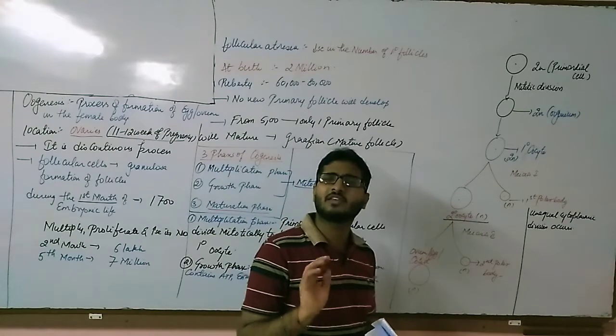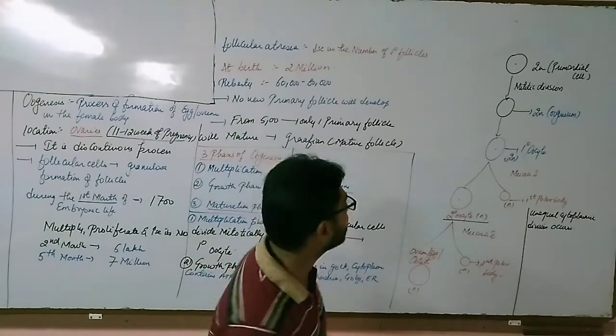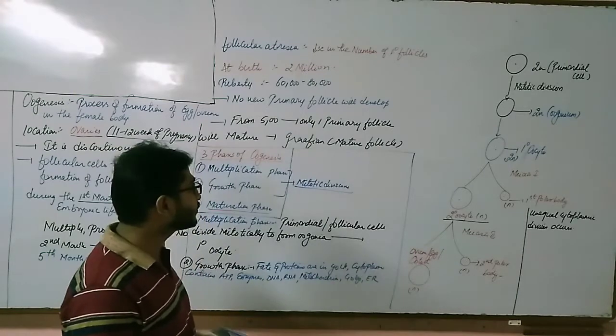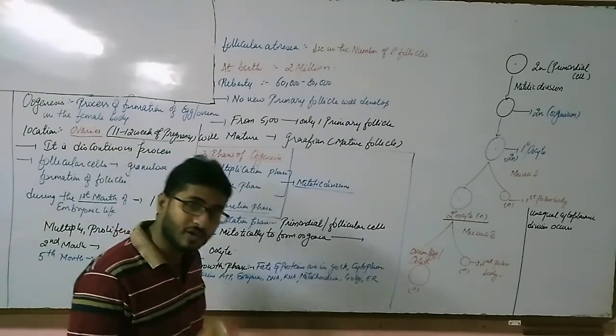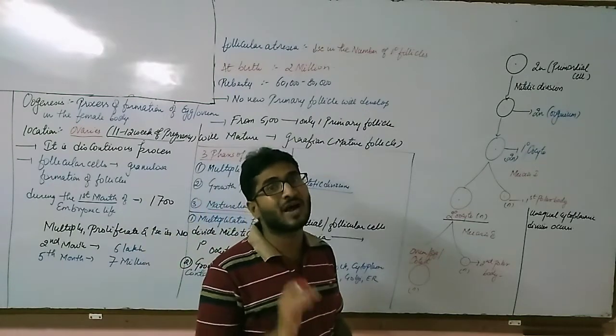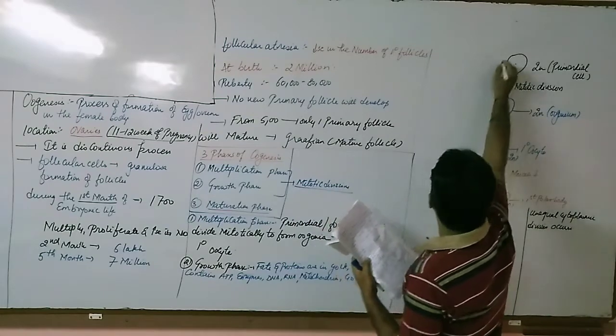The growth phase is basically the accumulation of all the nourishment, the nutrients, in the egg cell, and the process on which the growth phase is dependent is called vitellogenesis.